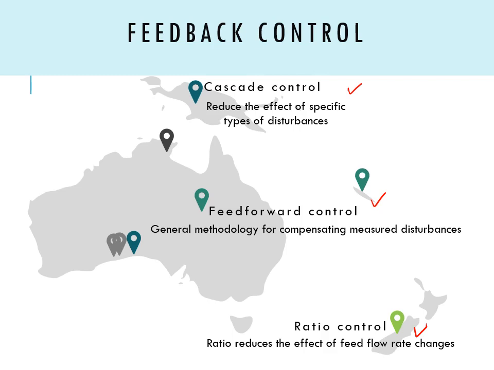So we learn from the ideal process model in order to develop the feed-forward control. And then for a ratio controller, the ratio reduces the effect of feed flow rate changes. So basically the ratio controller is more suitable to be used in order to control two flow rates into the process.